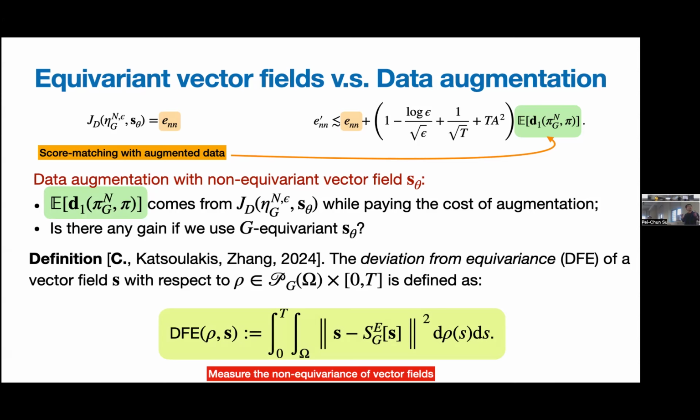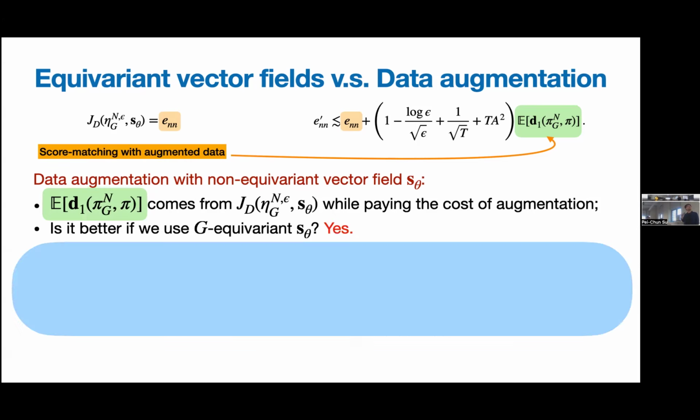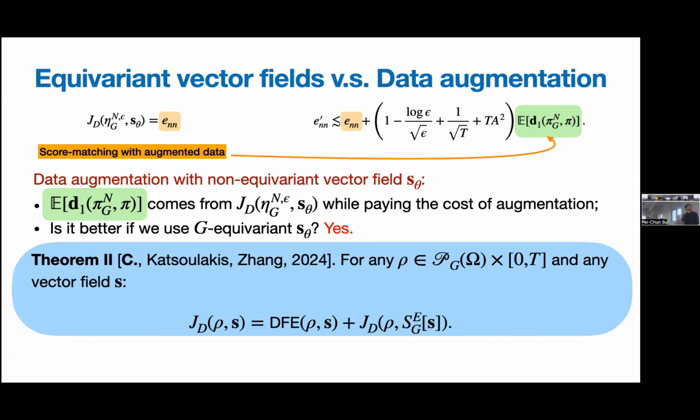If it's highly non-equivariant, then this value should be large because it is far away from its symmetrized equivariant version of the vector field. So this DFE actually measures the non-equivariance of the vector fields. Okay, so the answer to the second question is yes.